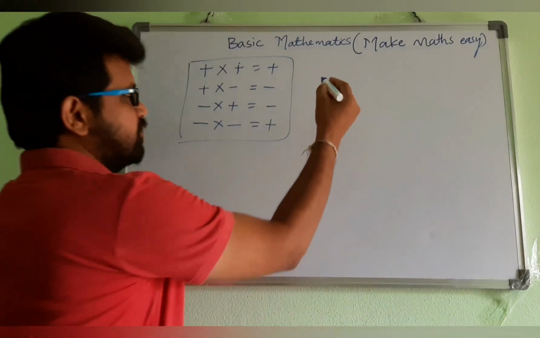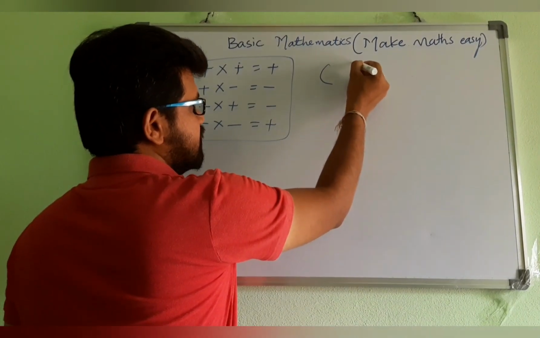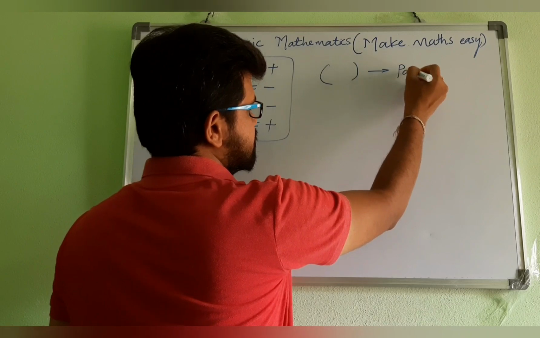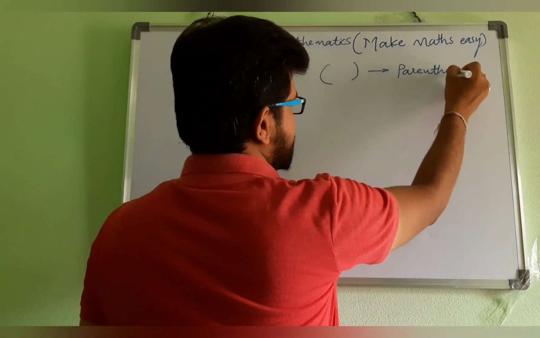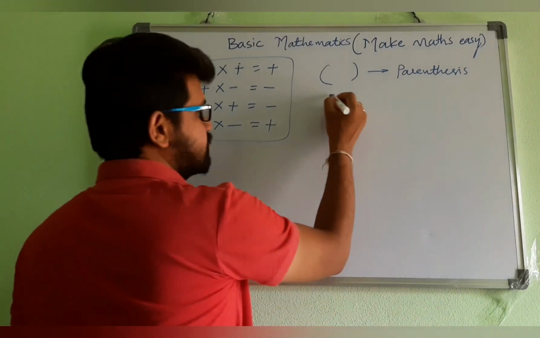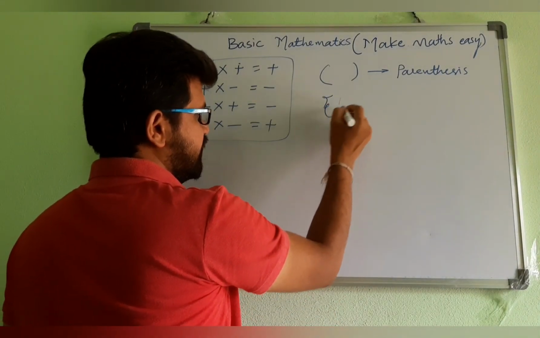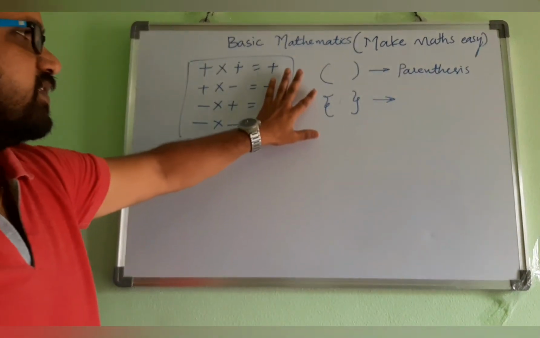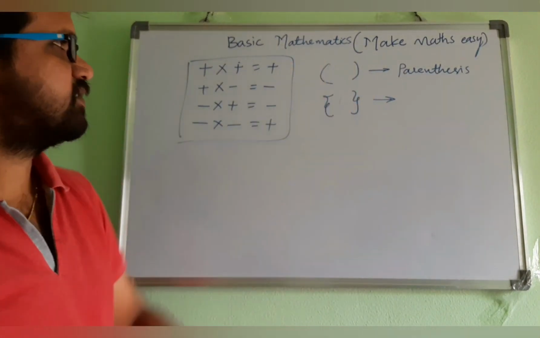So again we have brackets, different brackets. This is one bracket. What is the name of this bracket? Parenthesis. The name of this bracket is parenthesis. And we have another bracket, most probably used in the sets chapter. 10th class students, they know very well. And we use this bracket in the sets chapter.